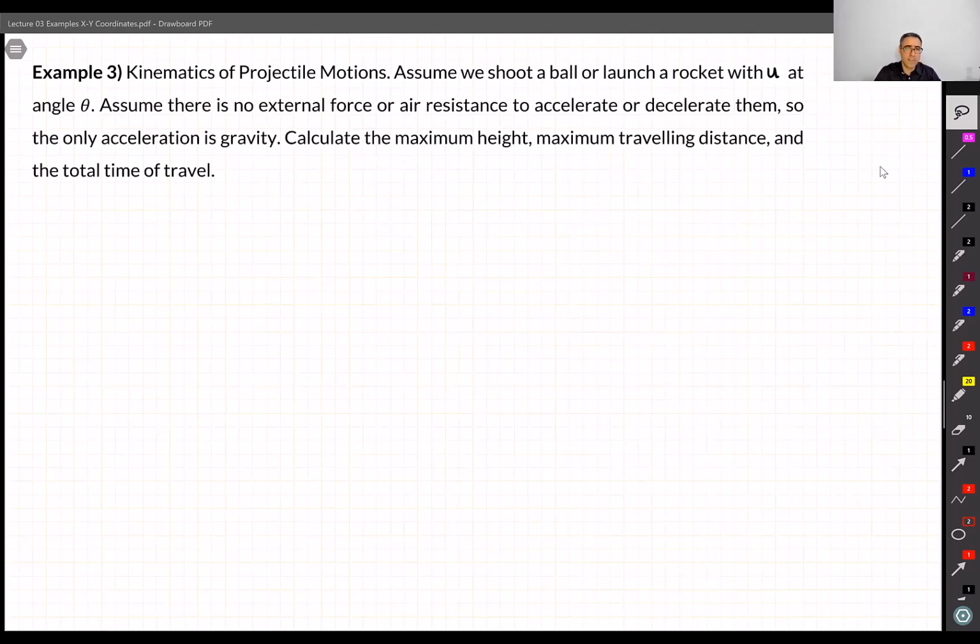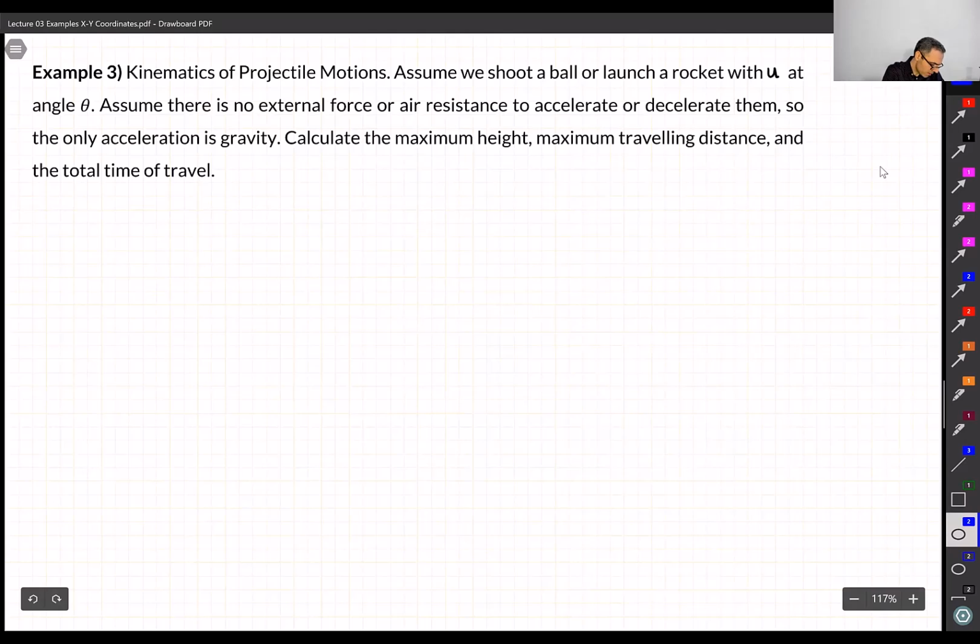So let's read this example together. We are going to study kinematics of a projectile motion. Projectile motion means when we launch something or shoot a ball, right? Let's say somewhere over here, at this point, I have a ball for simplicity. The question tells me that we shoot it with speed u and angle theta.